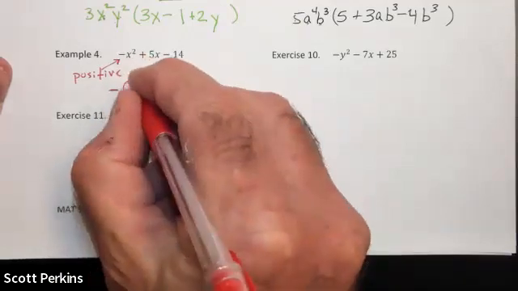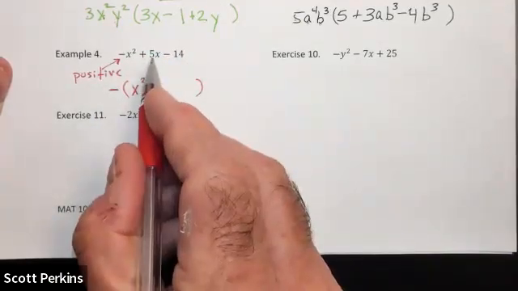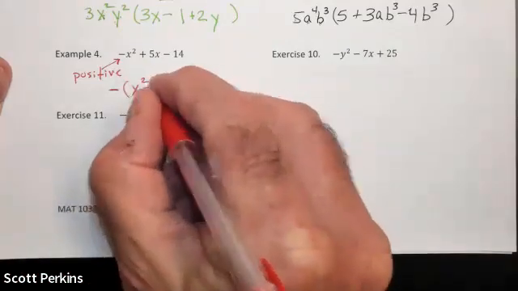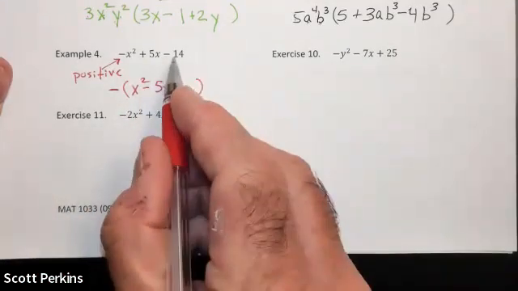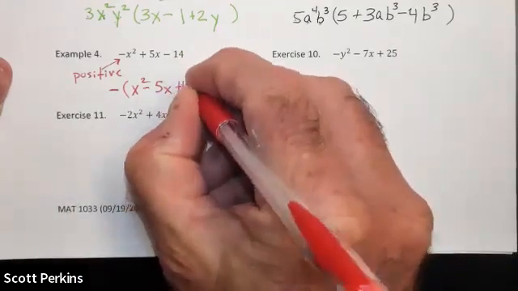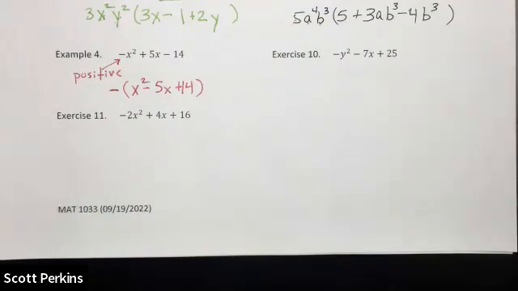A positive x squared. And then a positive 5x divided by a negative leaves me what? Negative 5x. And then finally, negative 14 divided by a negative leaves me plus 14. So hopefully not anything that's too, too terrible, but it's something that will be part of a bigger problem later.